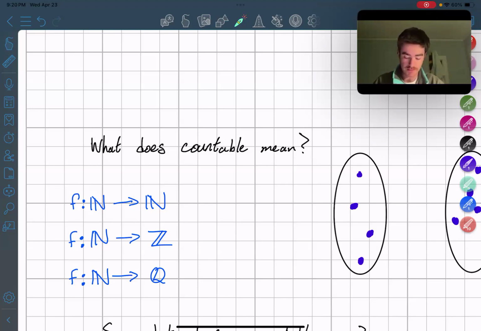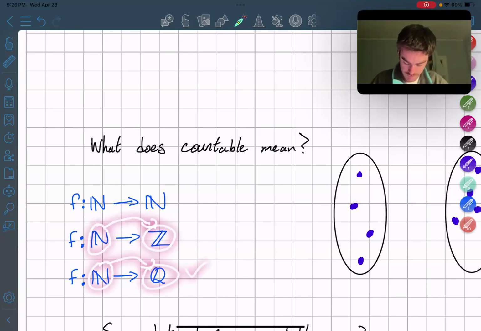When we're talking about countability, what we want is the naturals to map to something else, or in this case, the naturals. The naturals are countable, and also the integers are countable, and the rationals are countable.